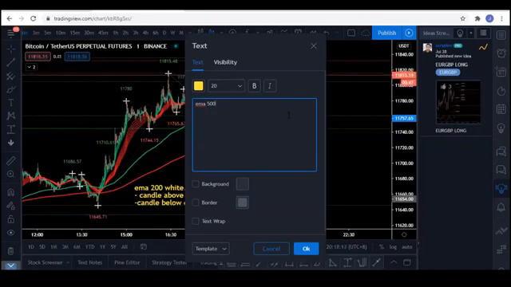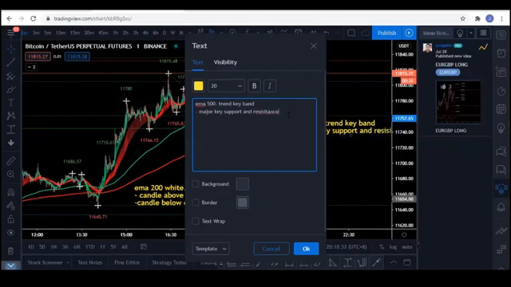This is our trend key band, or also our major key support and resistance. Like our EMA 200, a candle above EMA 500 indicates a bullish bias.